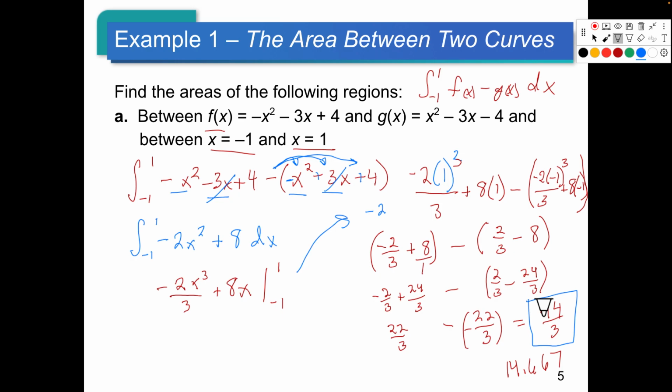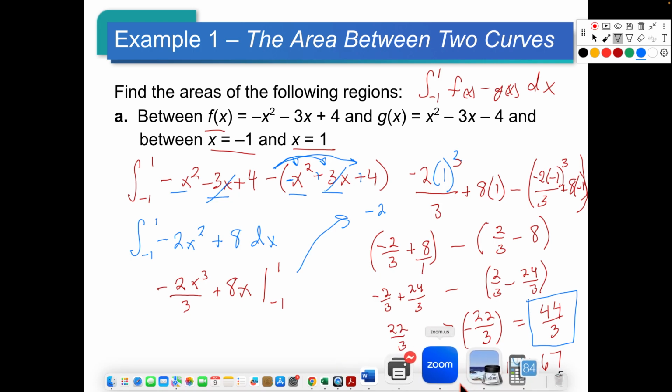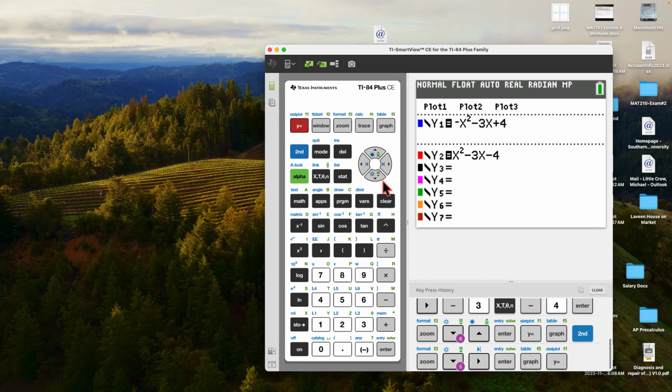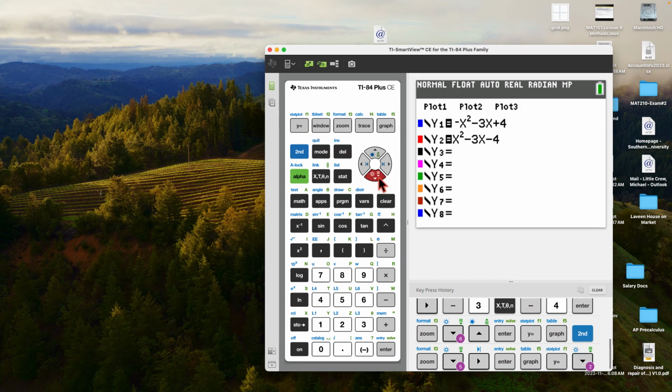So let's see. Let me get back to my graphing calculator. Since we have it graphed already, we're going to go from -1 to 1, so it won't include everything. But the way we can do this is we do the same thing. So I'm going to show you sort of a shortcut to do this, but it involves a few button presses, and you might not remember.